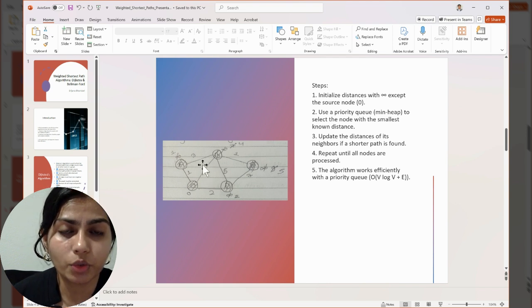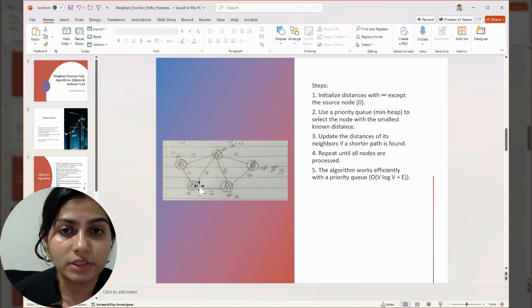Here in the picture we can see a weighted graph, where all weights are positive numbers. I am going to pick C as the source node. I have nodes A, B, C, D, E, and for the source node I give 0, and for the others I set infinity at first.